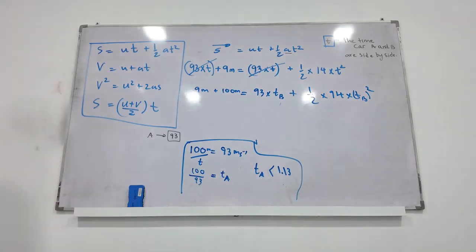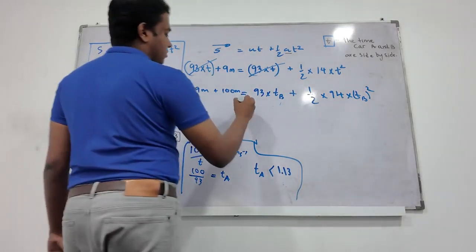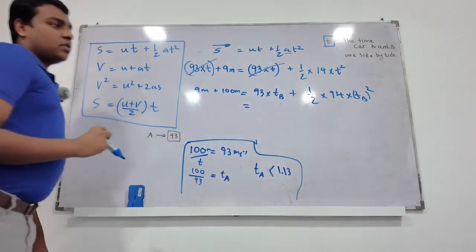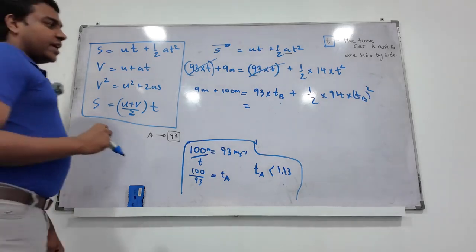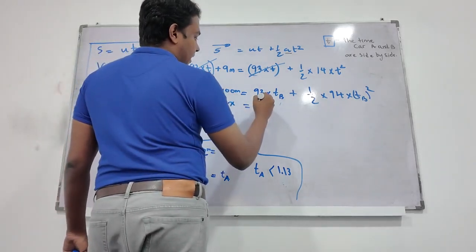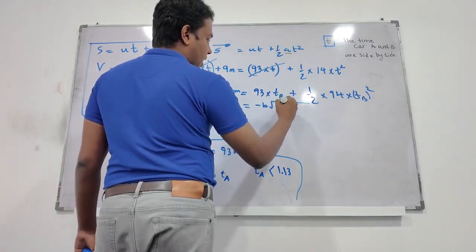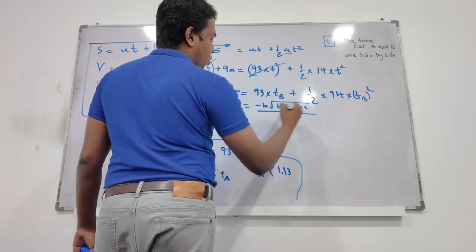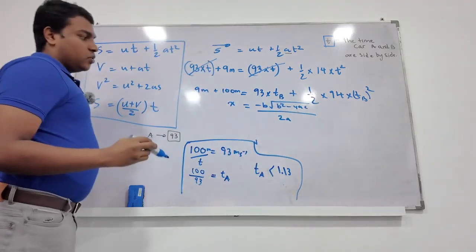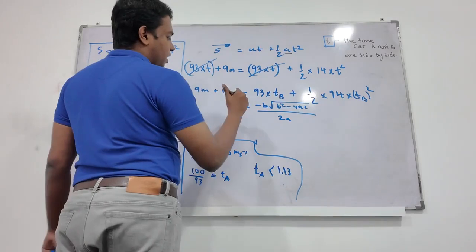This method is a bit longer. You can straight away use, can you remember that equation? X equals minus B plus or minus the square root of B squared minus 4AC, over 2A. By using that, you can find the value for TB.